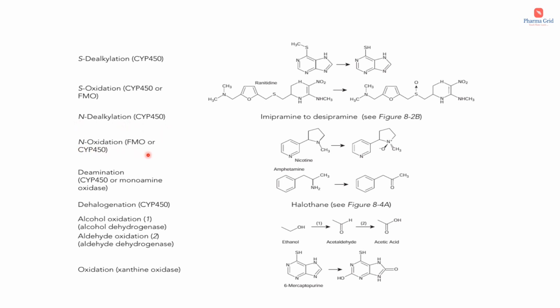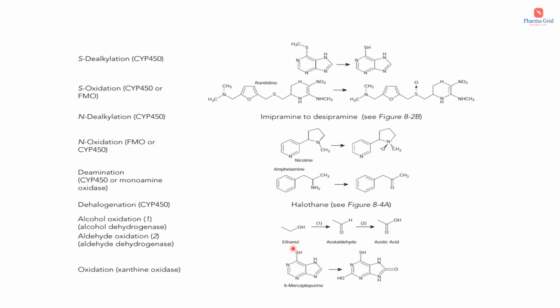Then N-oxidation by FMO or cytochrome P450. Then deamination, for example, of amphetamine. It is carried out by cytochrome P450 or monoamine oxidase. Then dehalogenation, for example, of halothane. It is carried out by cytochrome P450. Then alcohol oxidation is carried out by the enzyme alcohol dehydrogenase, and aldehyde oxidation is carried out by the enzyme aldehyde dehydrogenase.